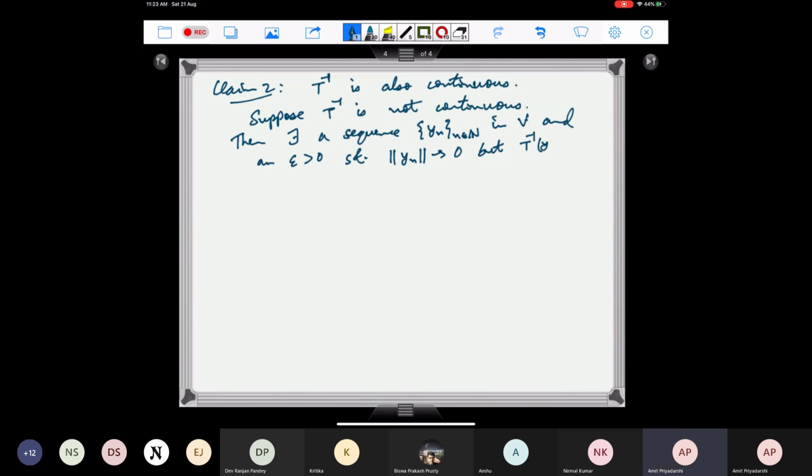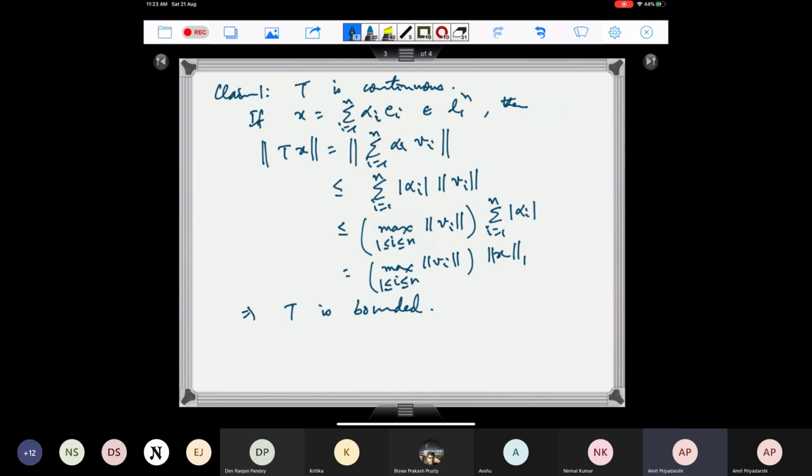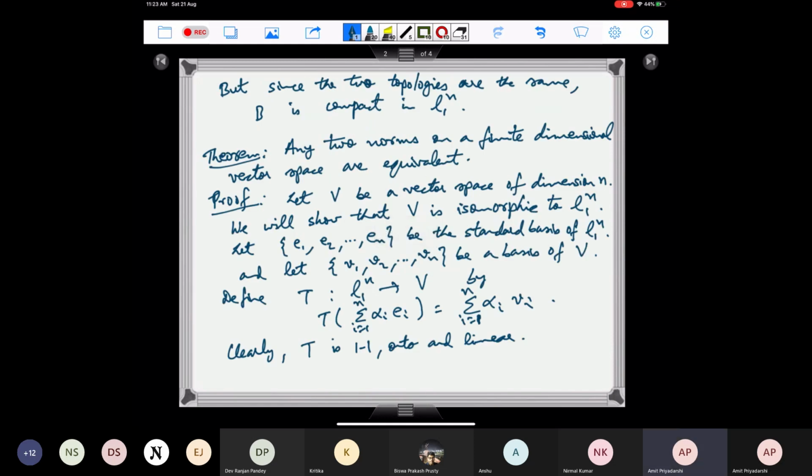T inverse of yn. So T inverse maps from this normed linear space V to L1n.